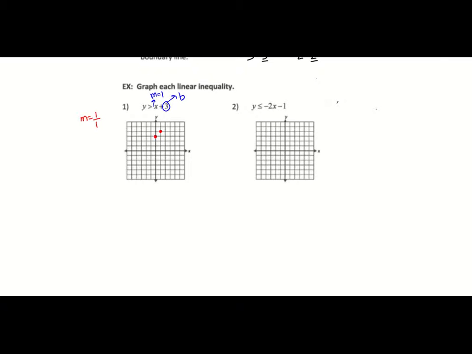My next step is to determine if I'm going to have a dotted or a solid line. In order to determine that, I'm going to look at my sign. Since there is no line underneath, this means I'm going to have a dotted line. So I'm going to connect these points with a dashed line all the way through the graph.